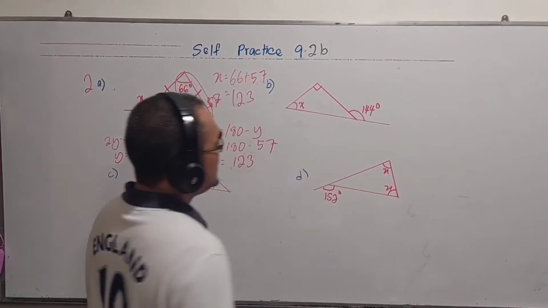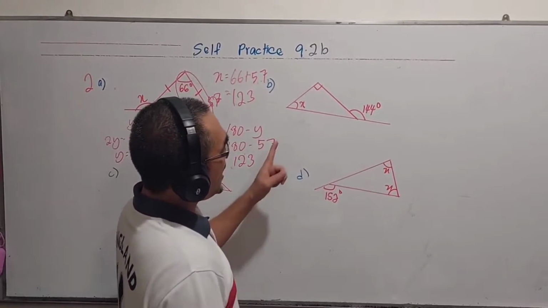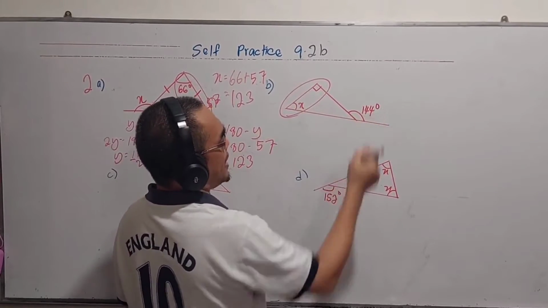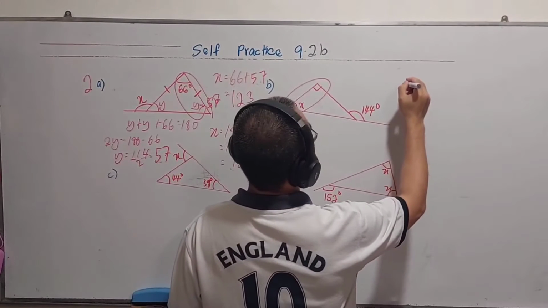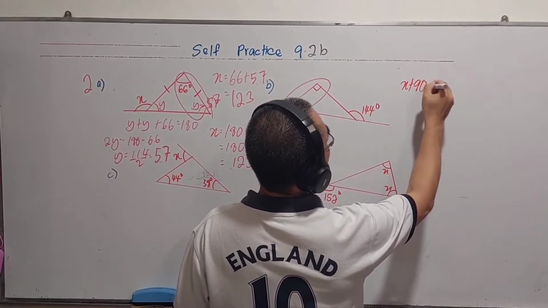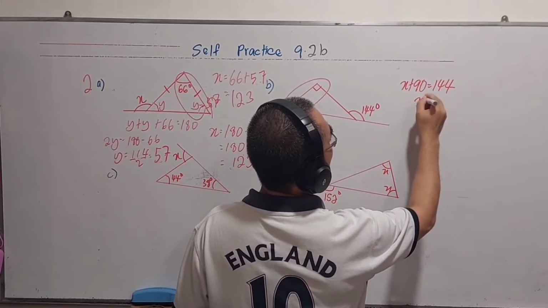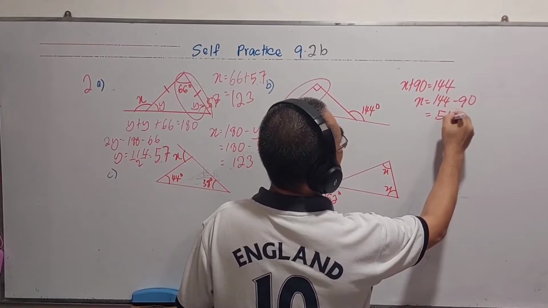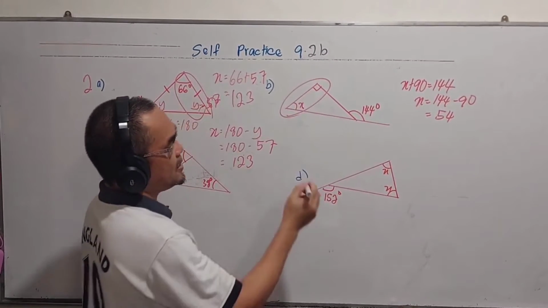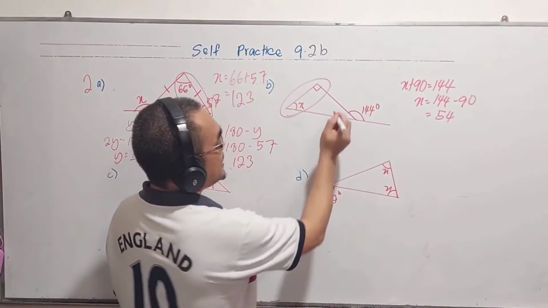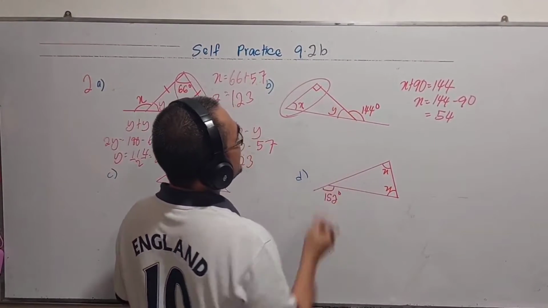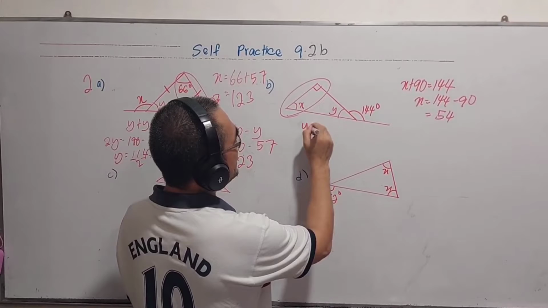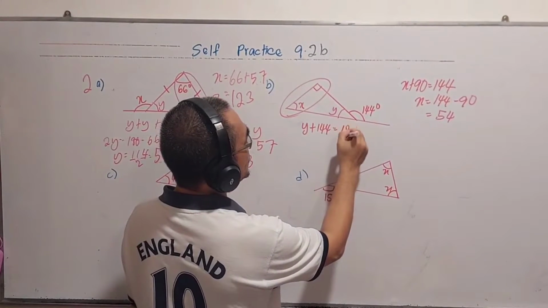And then if you are using the same method, you have to understand these two are equal to the outside angle. So you have to say x plus 90 is equal to 144. So x is 144 minus 90, which is 54. The other way, the way that I usually do, is I label here with y. So y plus 144 is equal to 180.